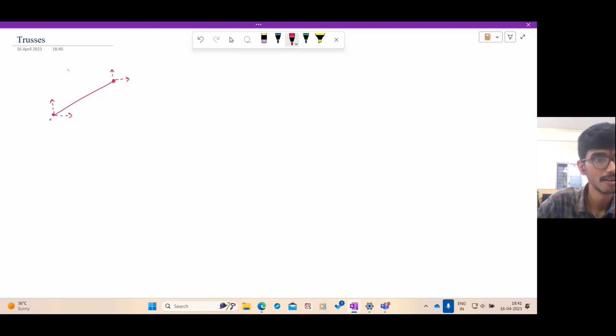Let us call this local node 1, local node 2. Let us call this U1, P1, U2, P2. And you need to have a local coordinate system. So let me mark the local coordinate system in blue color.